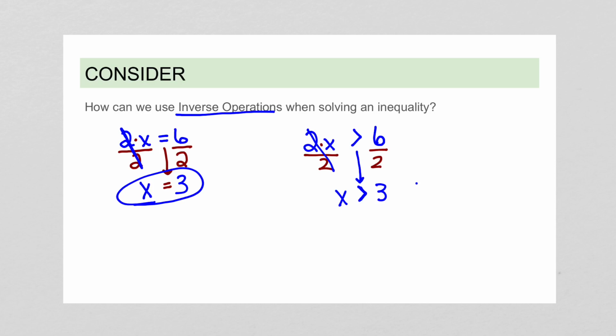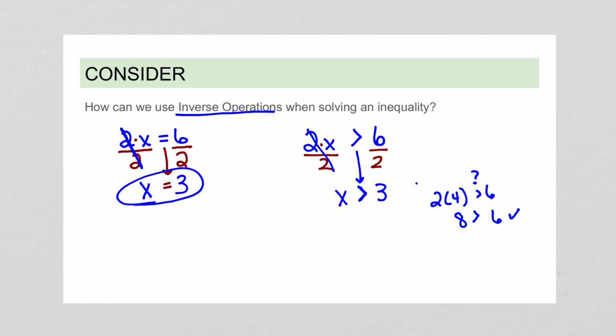And we can always check that by saying, what if it's 4? Would 2 times 4 be greater than 6? 2 times 4 is 8. On the right side I have 6. Is that greater? It is greater, so I know I'm right because I tested that. I evaluated it with a greater value.